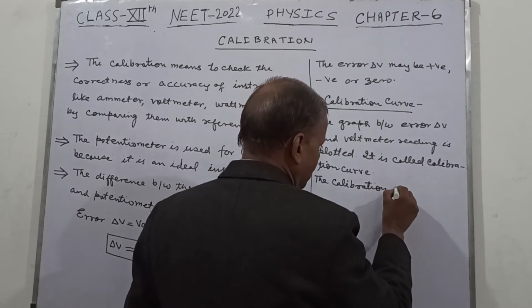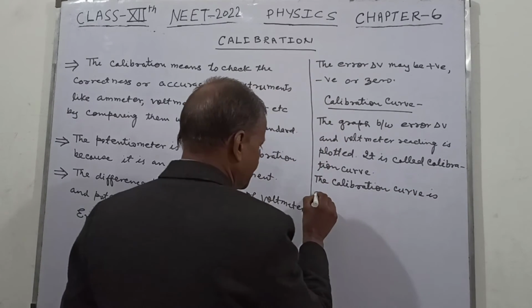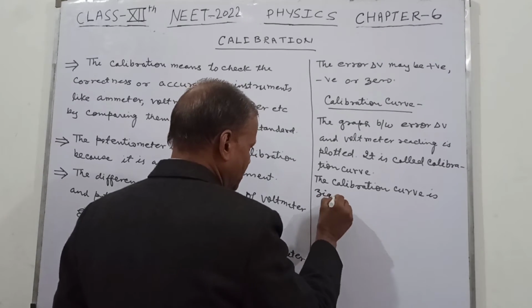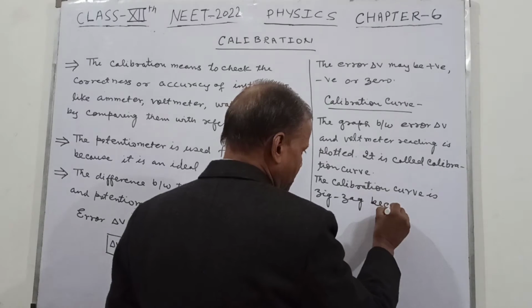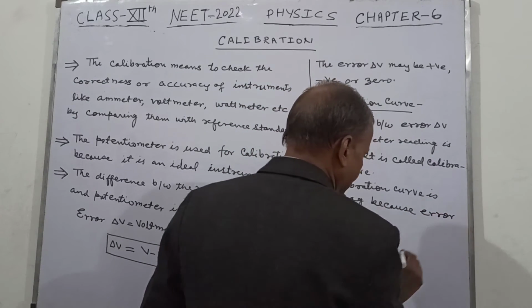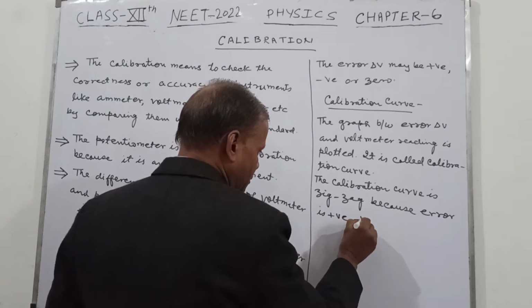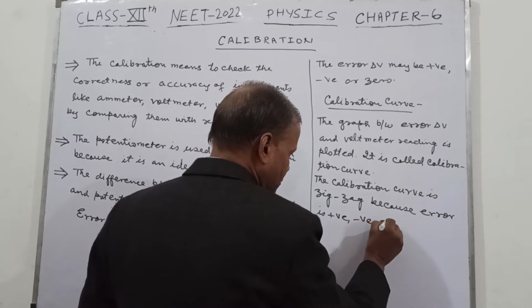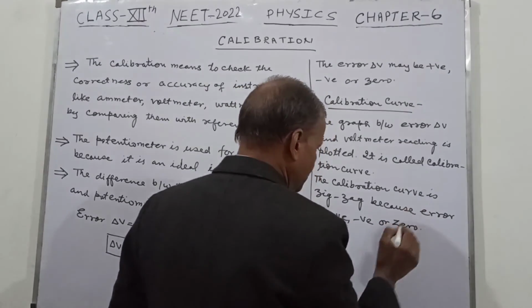The calibration curve is zigzag because error is positive, negative or zero.